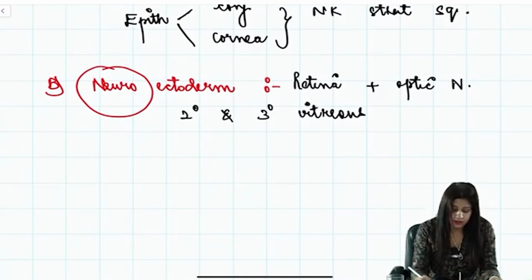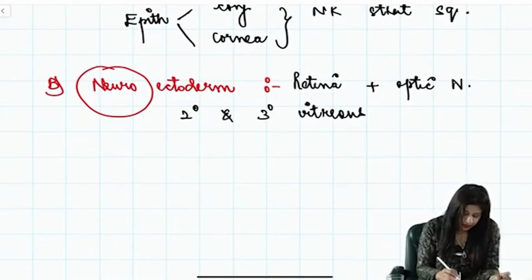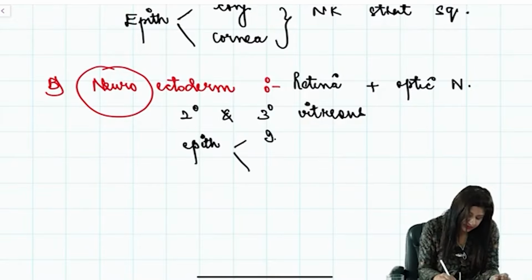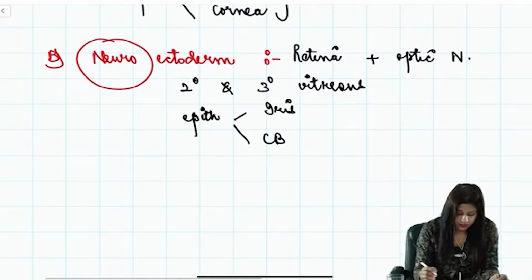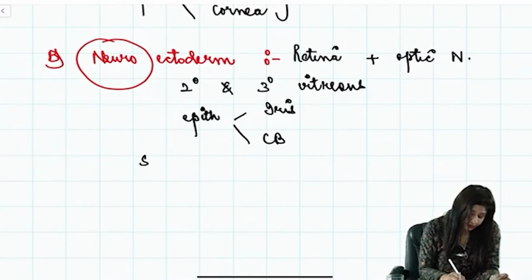Retina, optic nerve, secondary vitreous, tertiary vitreous. Along with this, we have the epithelium of the iris and the ciliary body. And finally, the most important thing, the smooth muscles of the iris.